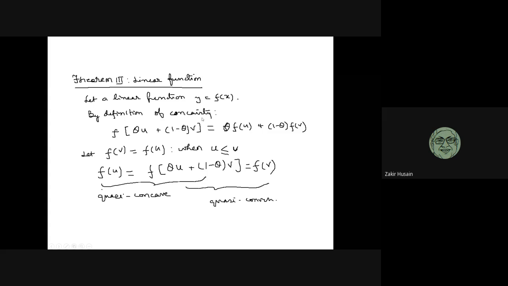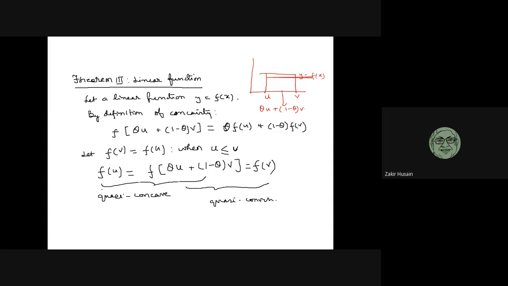By the definition of concavity or convexity, whatever we want, we have this definition. This is u, this is v, and if we take a point like this, all the functional values are the same.